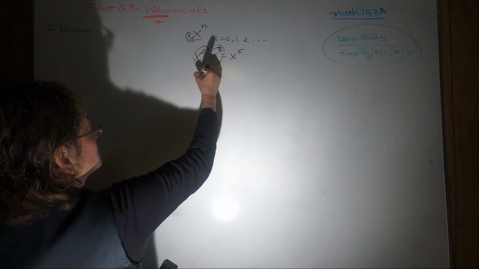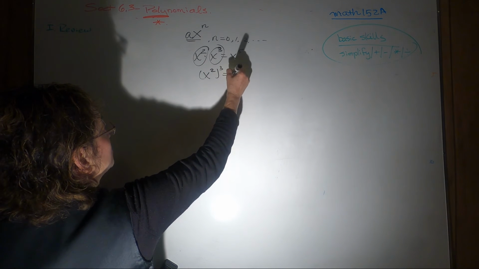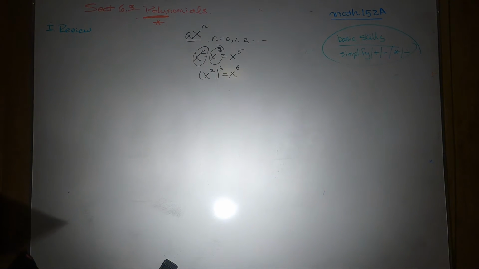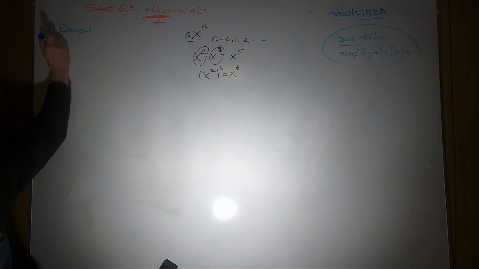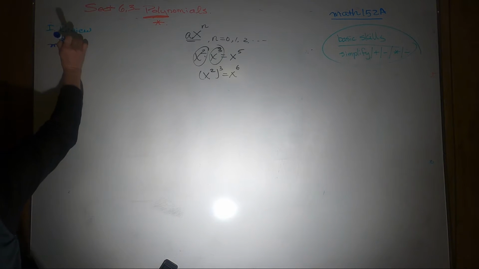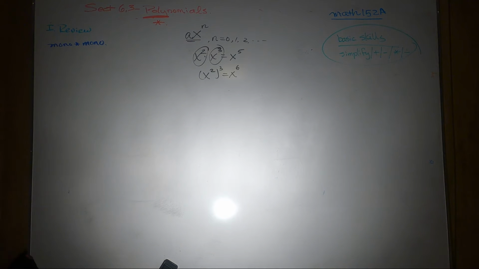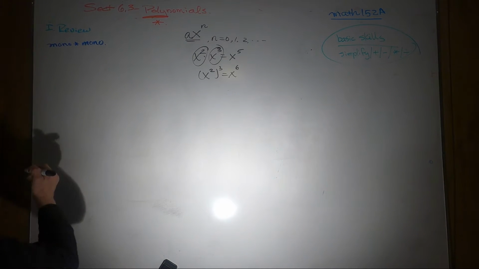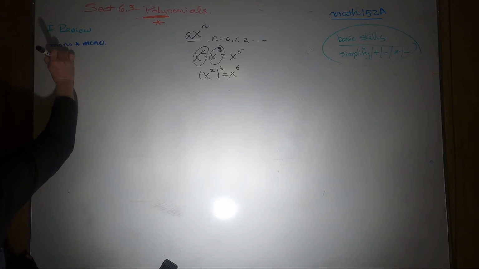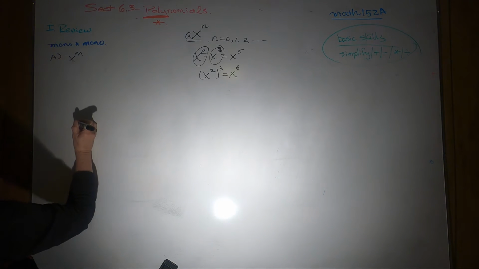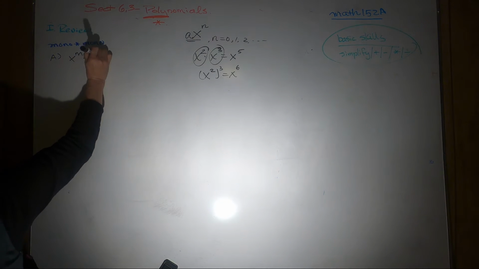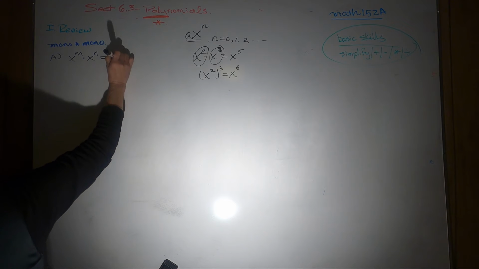We also did this. Power on power, you multiply your powers, right? So we did what? Mono times mono. One term times one term. Did we do that? Right? So if we have x to the m, one term, times x to the n, one term, equals what?